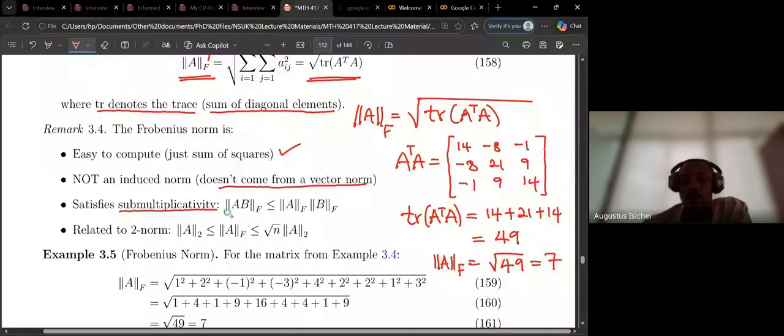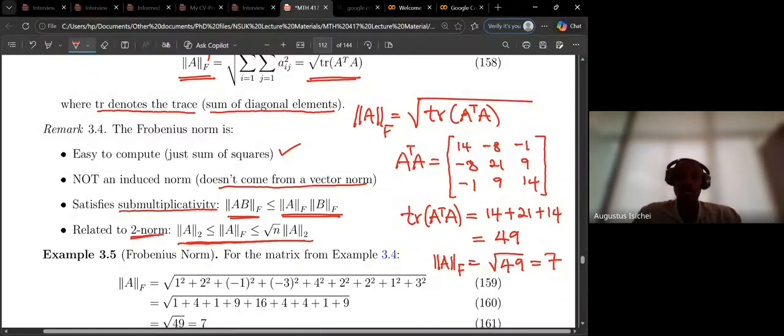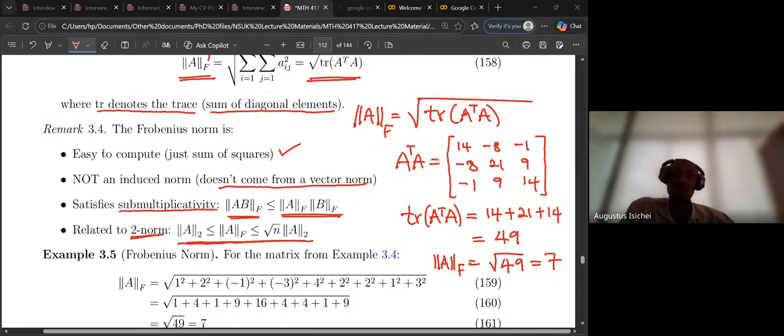That is, the Frobenius norm of the product AB is less than or equal to the norm of A times the norm of B. Four, it is related to the 2-norm, that is, the 2-norm of A is less than or equal to the Frobenius norm of A, which is less than or equal to the square root of n times the 2-norm of A. So these are the properties or some remarks that follow directly from the Frobenius norm.